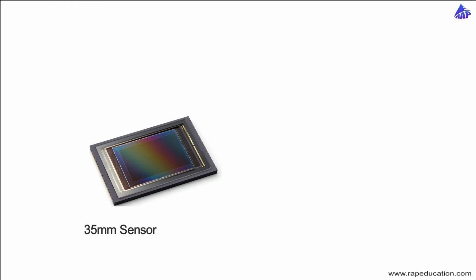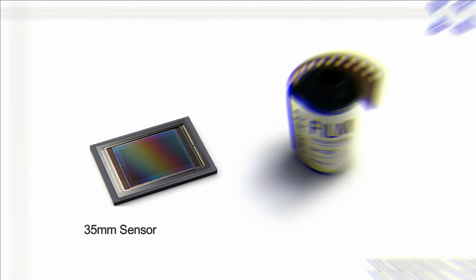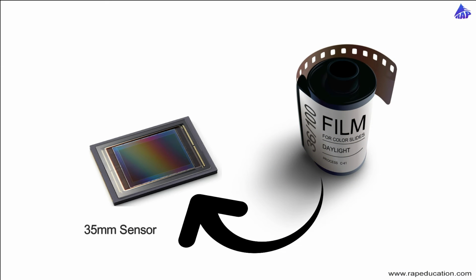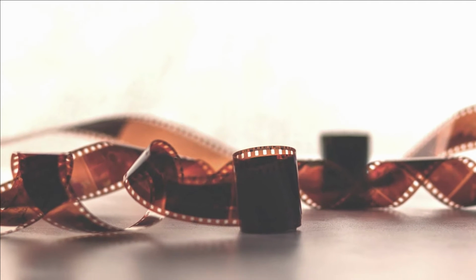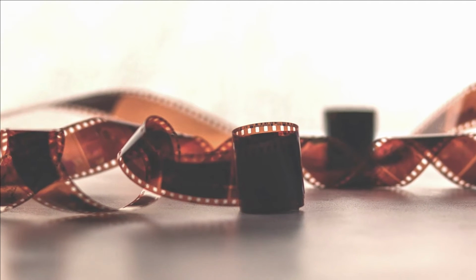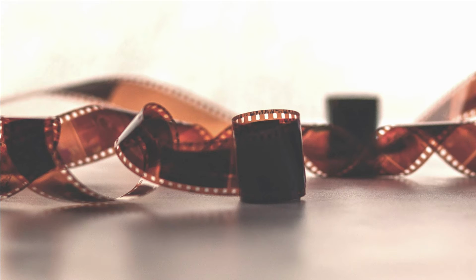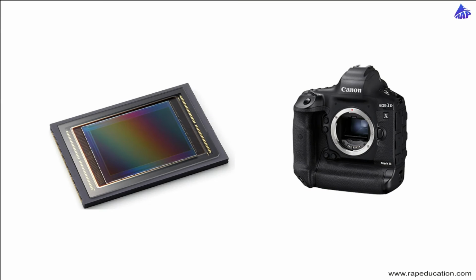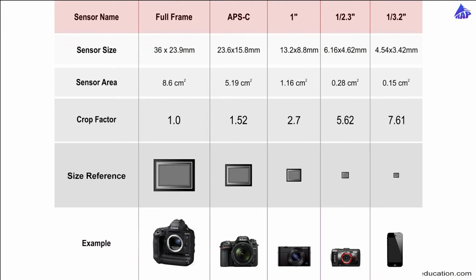The 35mm sensor or the full frame camera sensor has similar dimensions to the film of analog cameras. Actually, the concept of full frame camera sensors came from the 35mm films. We are using the dimension of 35mm films as the standard for a full frame camera sensor. So the rest of the smaller camera sensors are cropped versions of full frame camera sensors at different sizes.